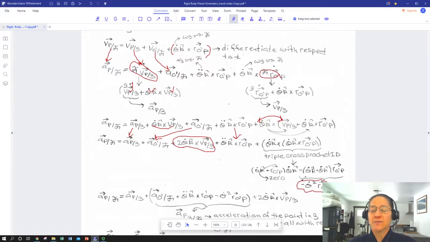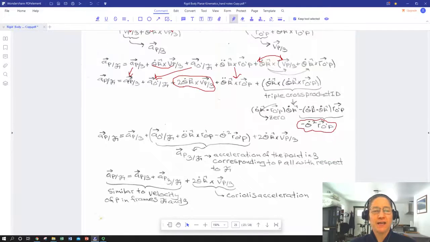That's angular velocity squared, and it's the magnitude of the angular velocity, actually, not the vector. We've dropped off the k. The magnitude of the angular velocity of those two reference frames relative to one another, times the radius vector of O prime to point of interest P.